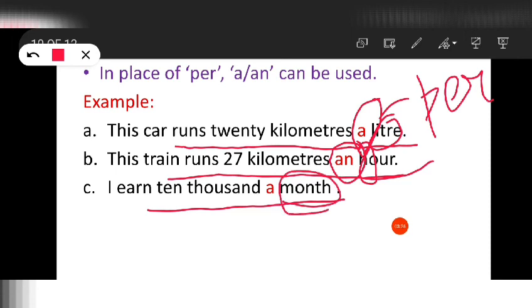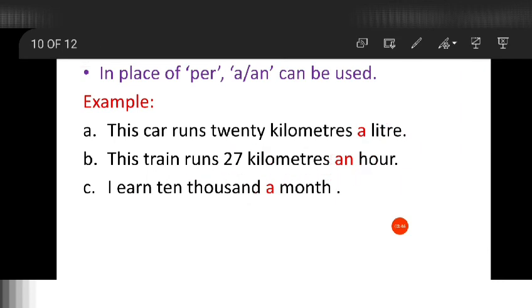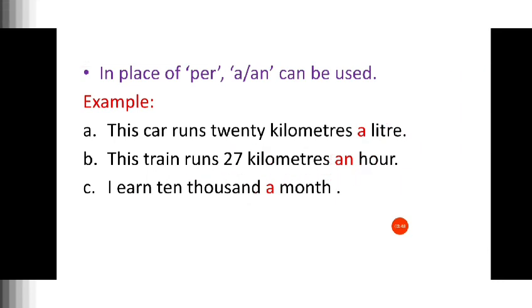Again, we have month, the sound is that of a consonant, that's m. So that's why we're using a before it. So whenever we can use the word per, we can always replace it with an article. All right, let's move further.